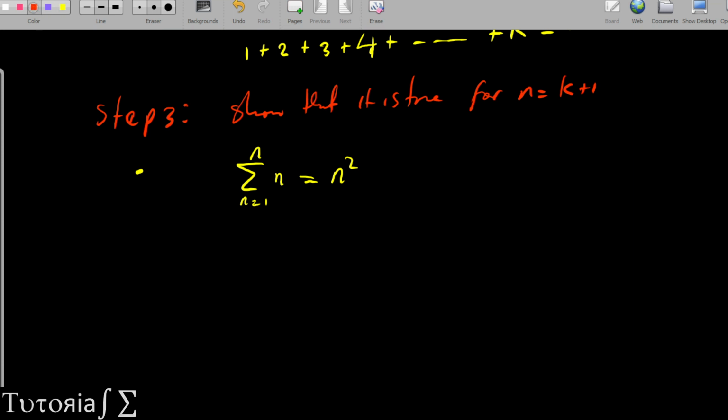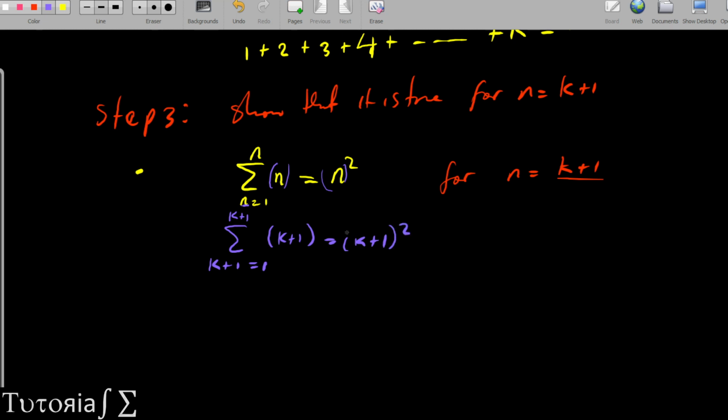For n equals k plus 1, where there is n, you replace it with k plus 1. So here it will be k plus 1 equals 1, we are summing to k plus 1. Then where there is n here, we put k plus 1, then squared.